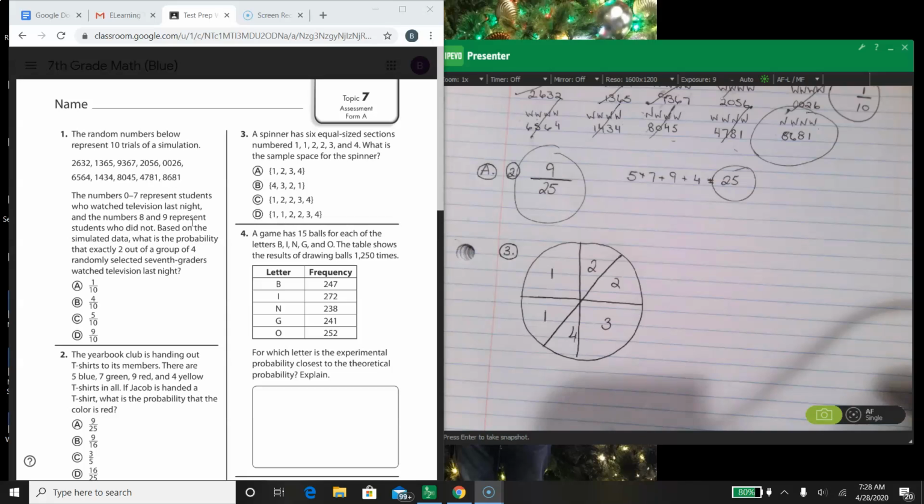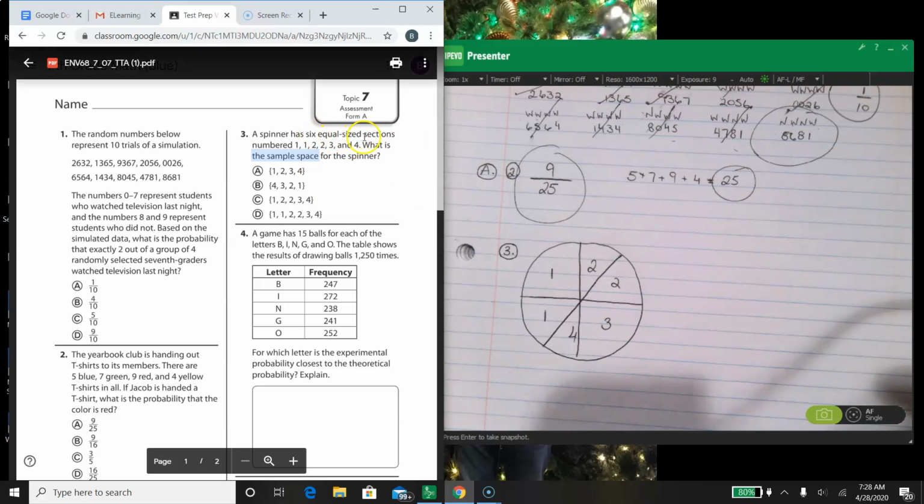Remember, sample space. It is all of your possible outcomes. It is all of what can happen. You cannot leave a number out. So if I've got 6 equally sized sections and they give me 6 different numbers here, all 6 of those numbers need to be in your sample space.